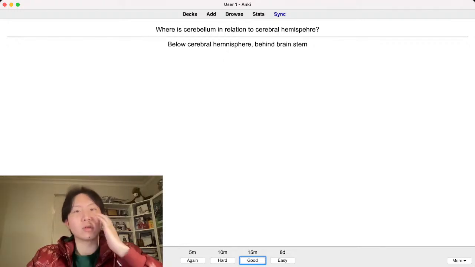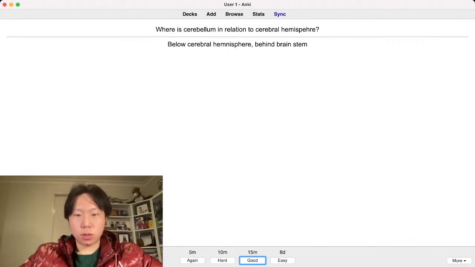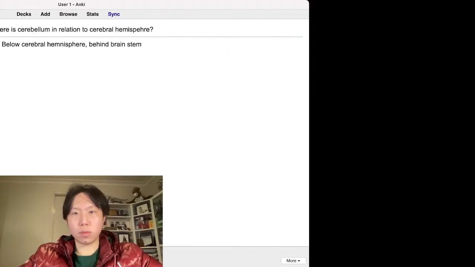Below cerebral hemisphere, behind the brainstem. Cerebellum.